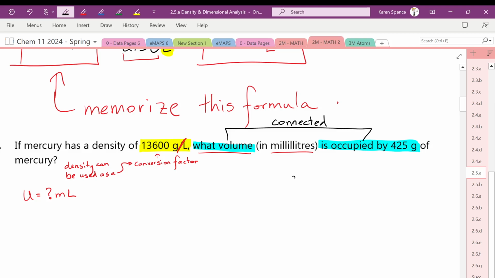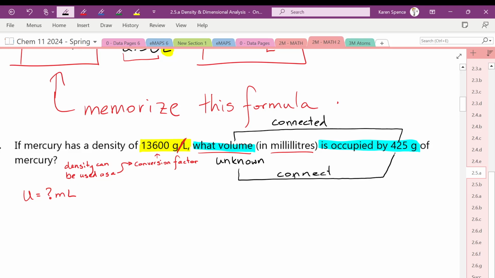The unknown is always connected to the initial. So what is my initial quantity? My initial quantity is 425 grams.